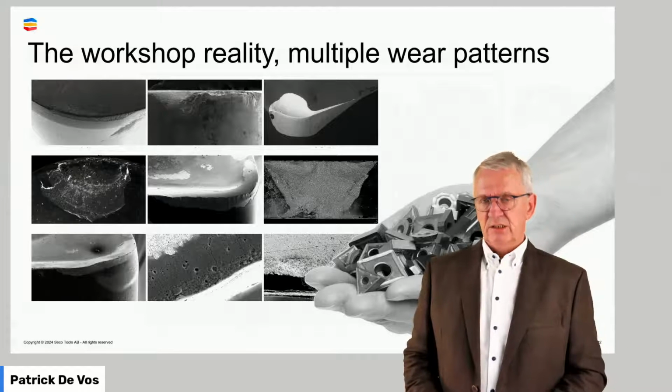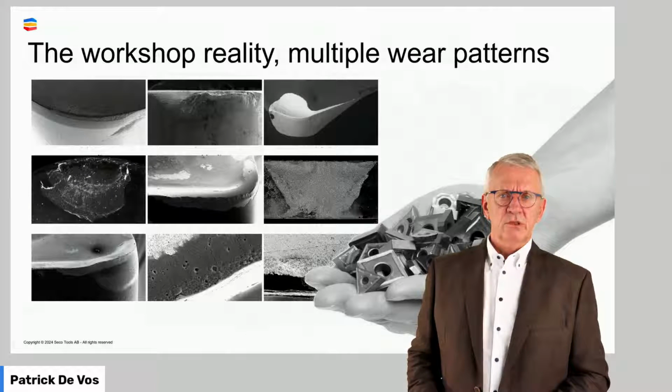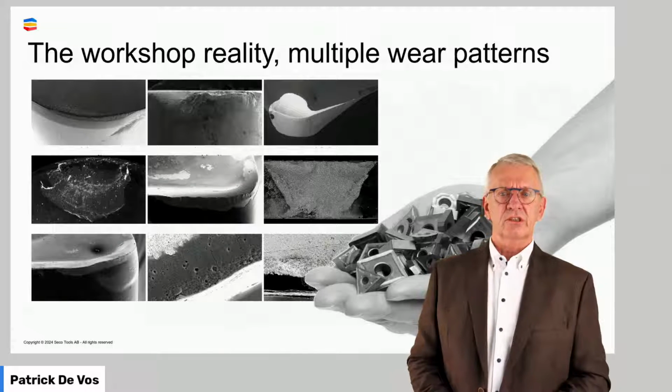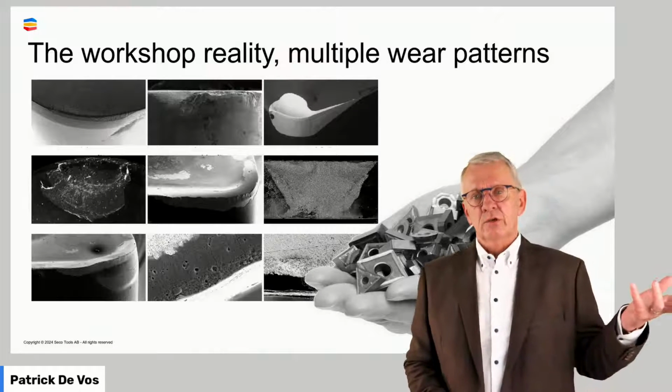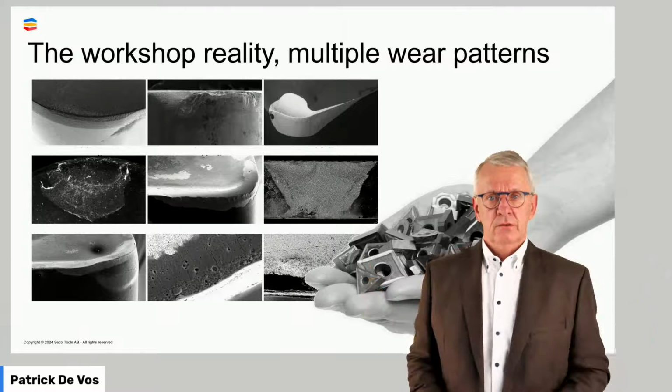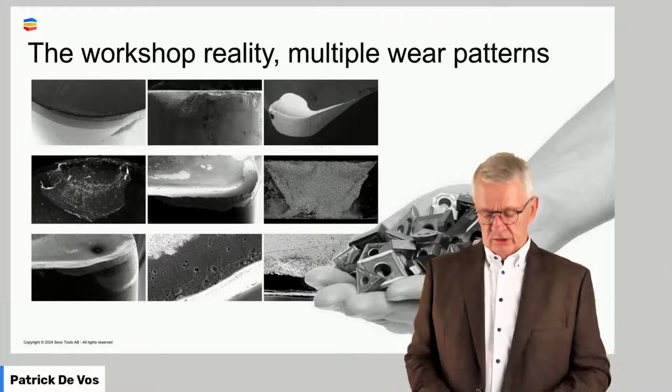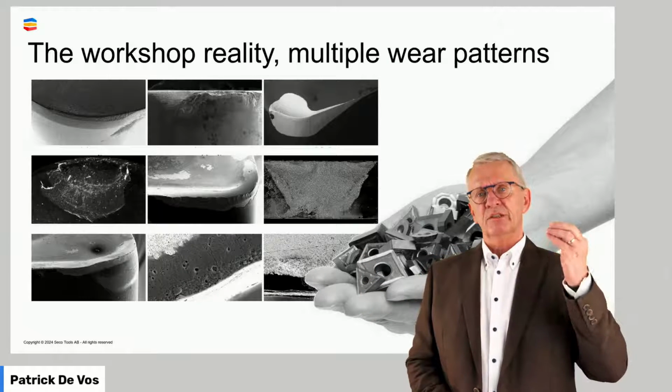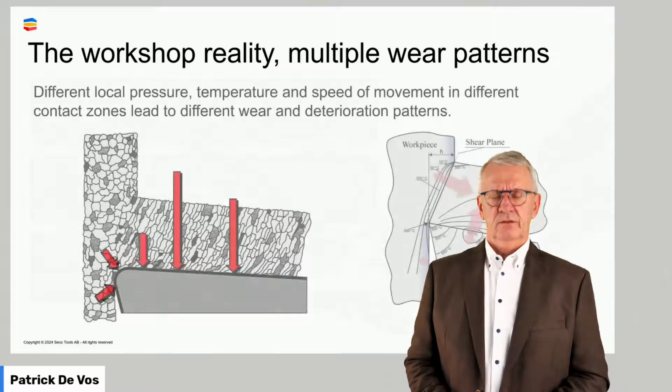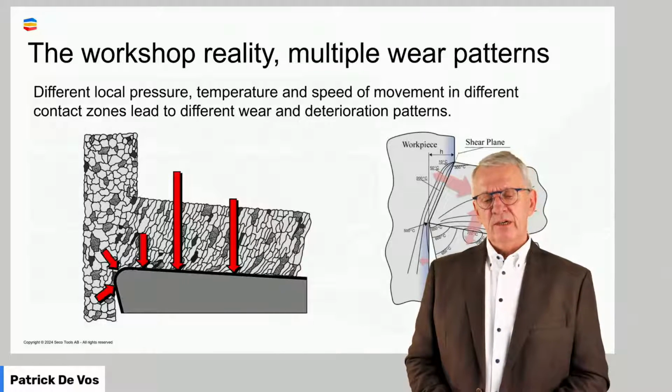Reality, however, is sometimes a little bit more difficult, because if you look at cutting edges in reality, you will see different wear patterns all at the same time. And then what? You can't take all the pills. Then you need something more sophisticated, but that's for the second part of this presentation. And why we have different types of wear is because we have different contact conditions between the workpiece and the cutting edge.